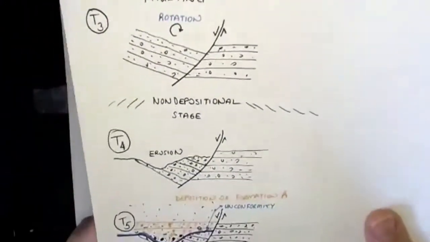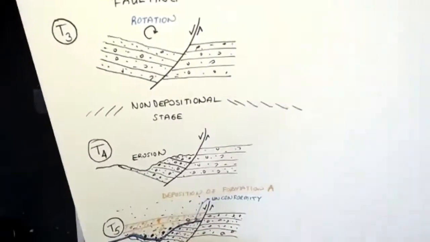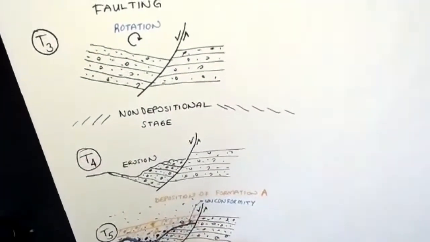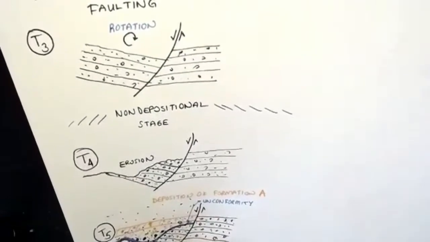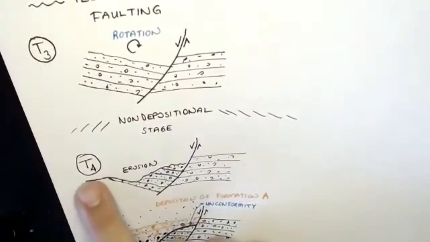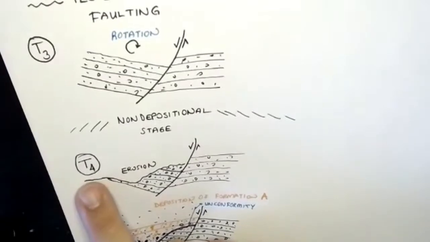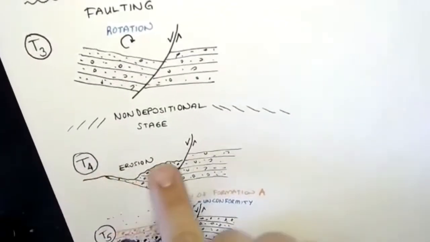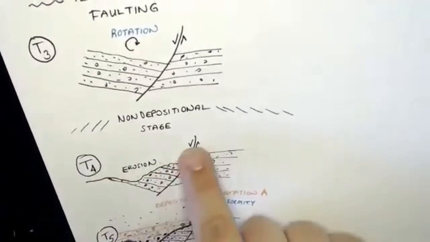So we call that the non-depositional stage. Within this non-depositional stage, because this basin is now starving, not receiving enough sediments, that means there will be a very limited minimum amount or no sediments coming and covering the surface of these tilted layers.